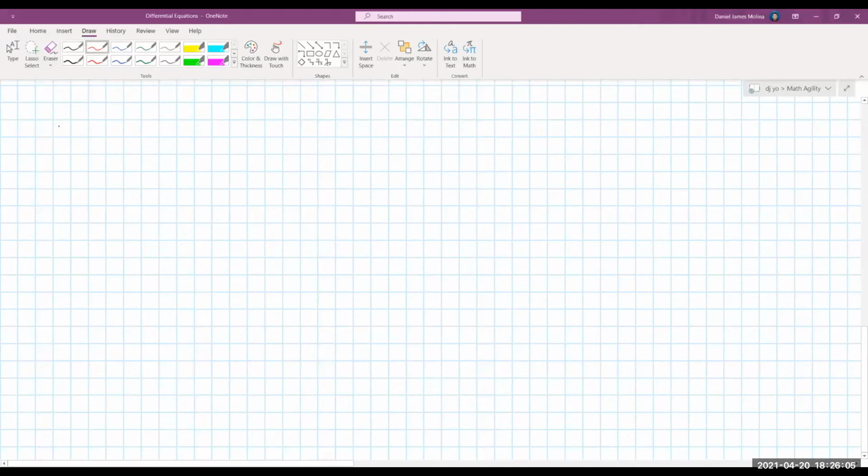We have here y prime that is equal to x squared plus y squared over xy.